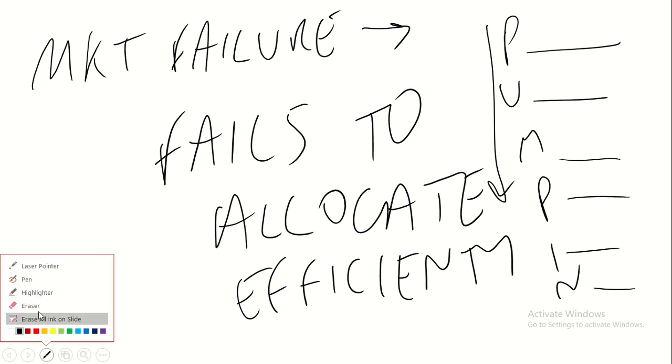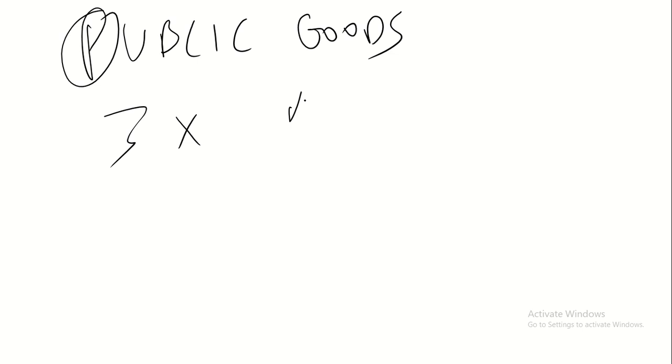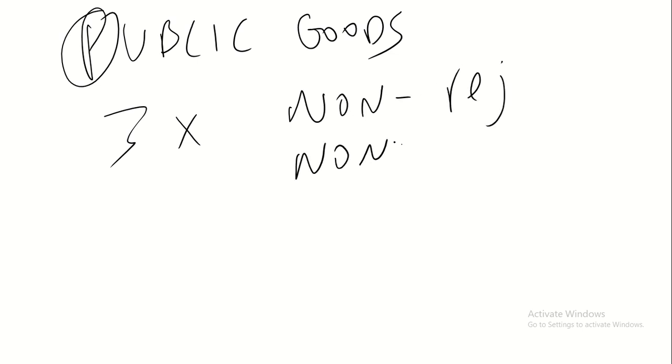Okay, so PUMPING. First one is public goods. So what you should know about public goods then, the first P, is that they are goods that have got three characteristics. They are non-rejectable, non-rival, and non-excludable.